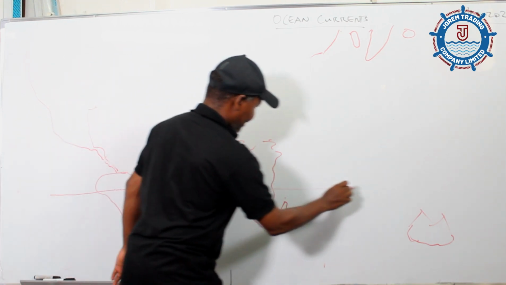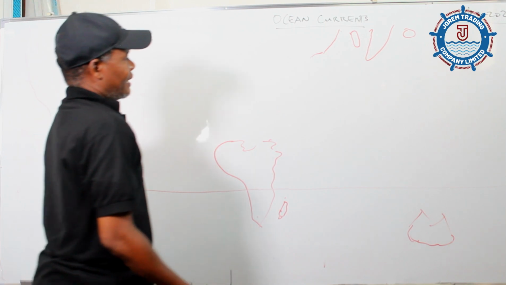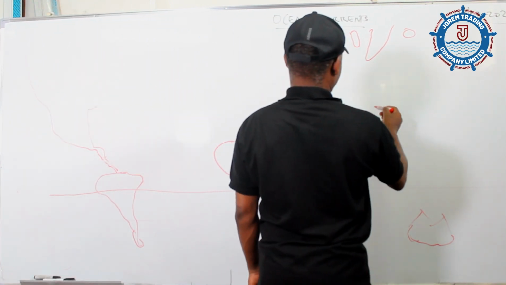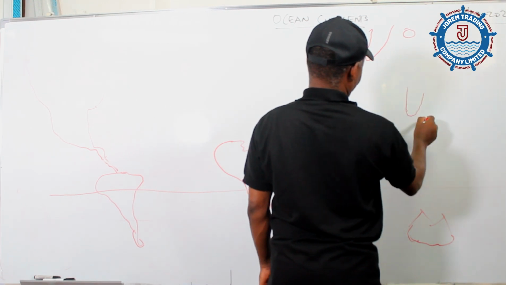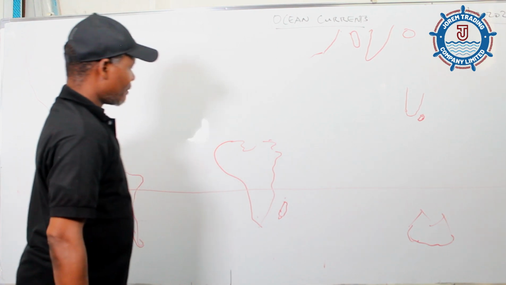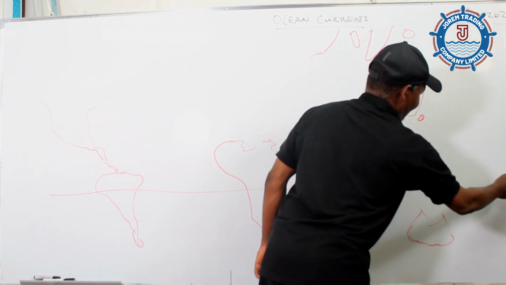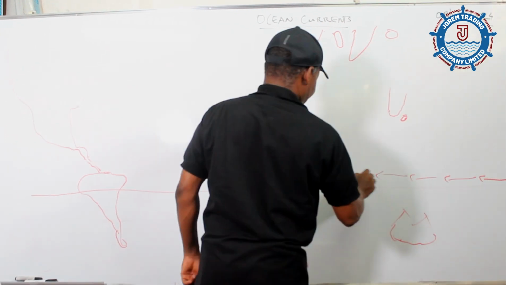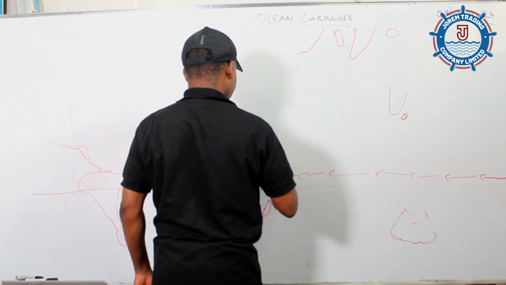This is our equator, and we have the Indian subcontinent maybe around here, with Sri Lanka. So the main circulation is, we said, this what we call the North Equatorial current. This will continue like this. Getting here, it splits.